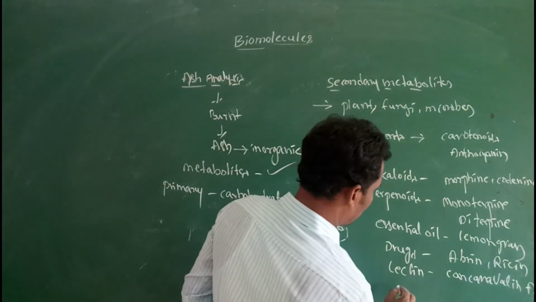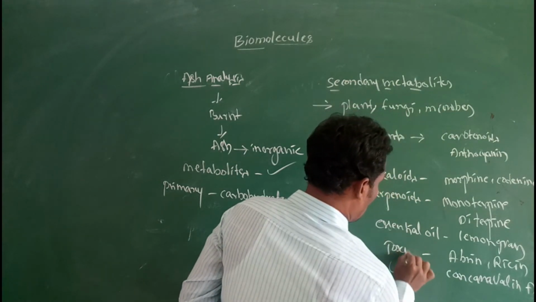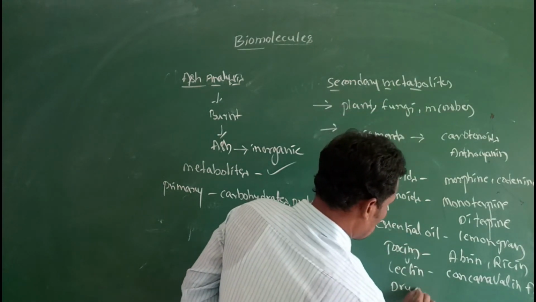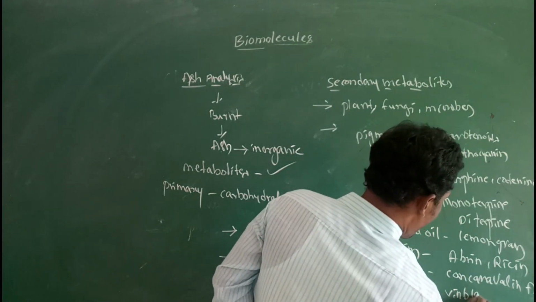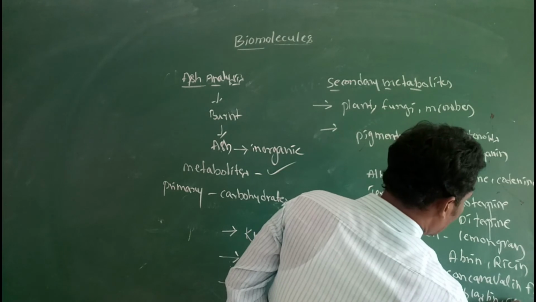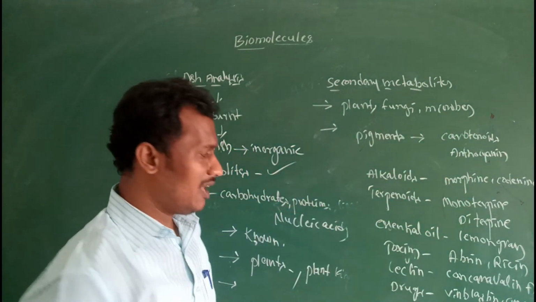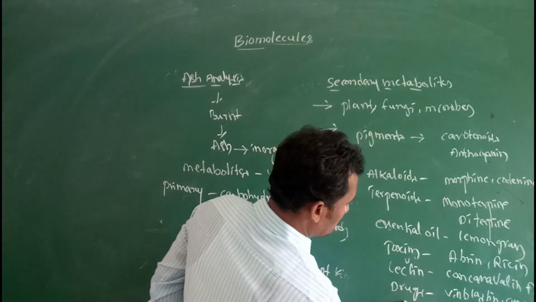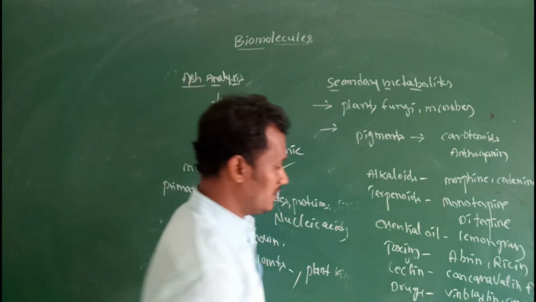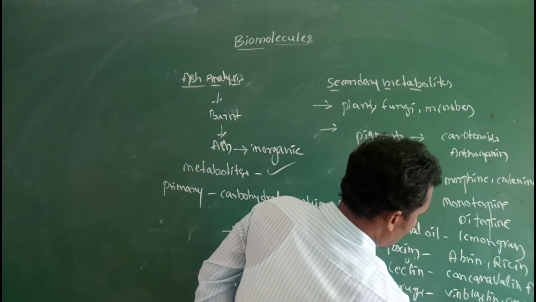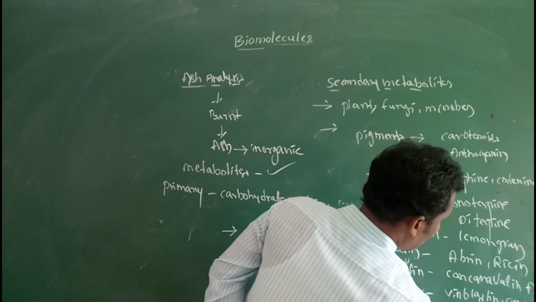Then toxins, then drugs: vinblastine and curcumin. Then polymeric substances: rubber, gum, then cellulose.